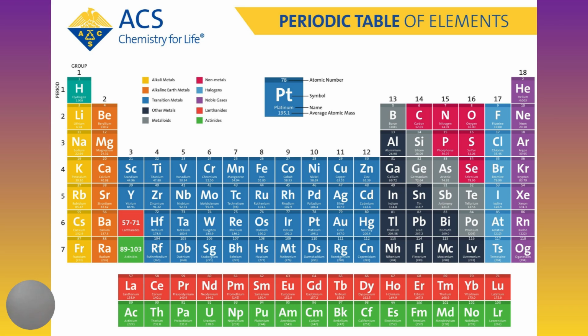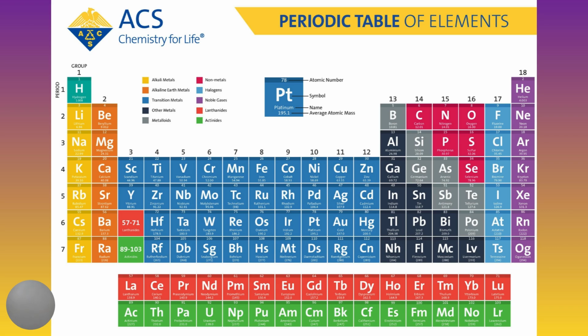As you can see here, the number at the top we call the atomic number. Let's focus on hydrogen. Look at the letter H. That letter H is the element symbol. If I say element name, you say hydrogen.